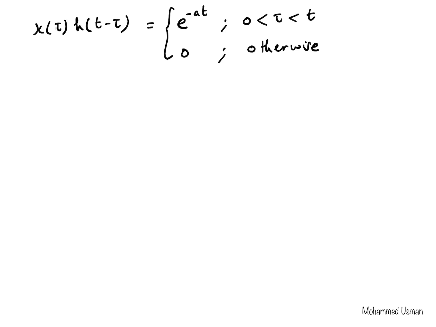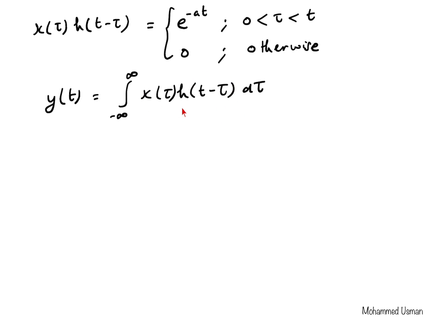Now we need to find the output y of t. So y of t is the integral of x of tau into h of t minus tau d tau for tau from minus infinity to infinity.